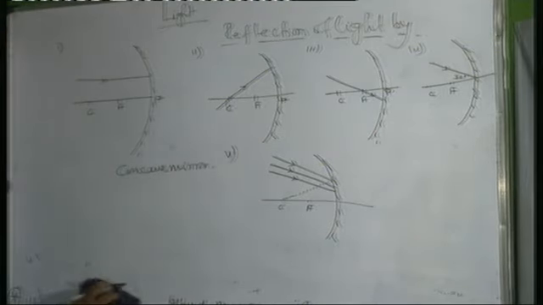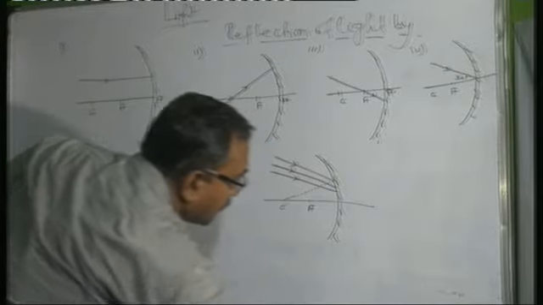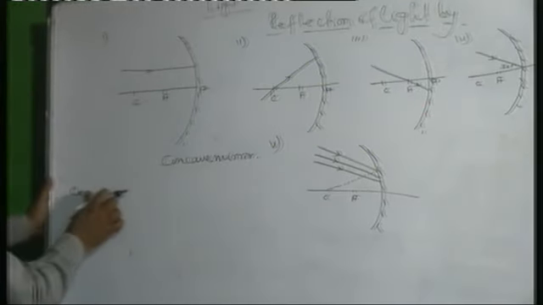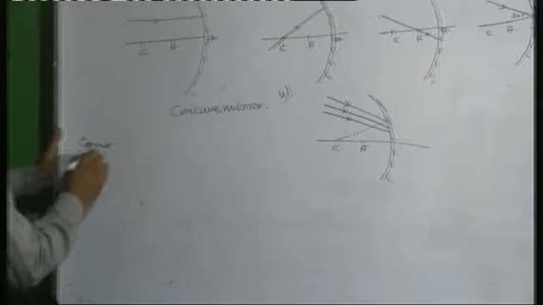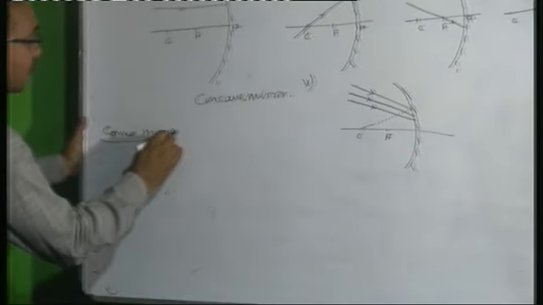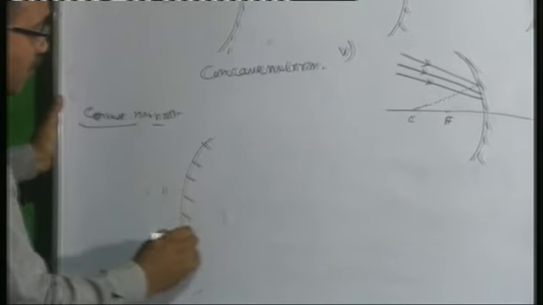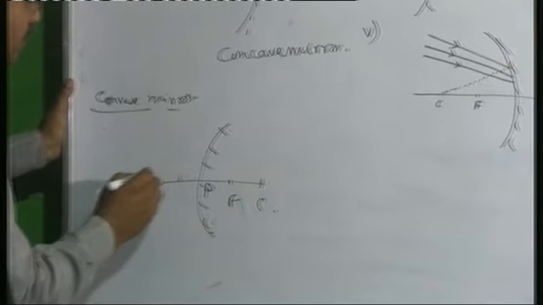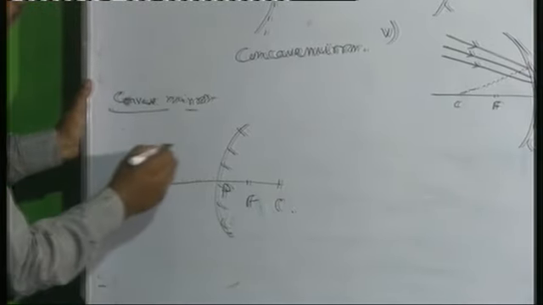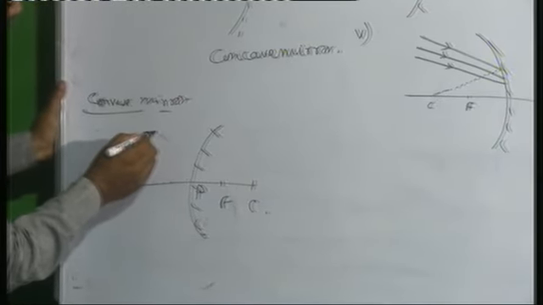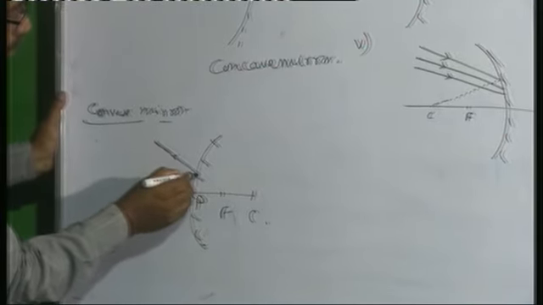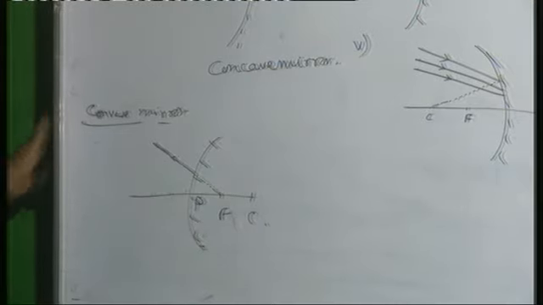For the convex mirror, suppose this is the pole of the mirror and this is the focus of the mirror and that is the center of curvature of the mirror. Or it may be the vice versa.